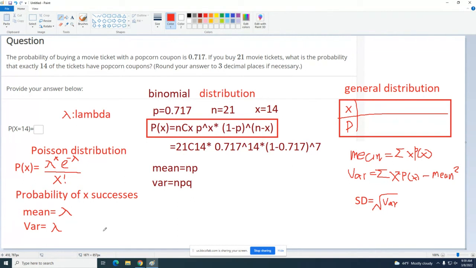The only thing you have to know is on average how many occurrences. For example, let's say out of 20 days, the average number of students I have during office hours is 1 student. So on average each day I have 1 student. Some days I have no students coming to visit me. Sometimes I have 3. But on average 1 student per day. So that means lambda equals 1. If I have no other information, average is pretty easy to calculate.